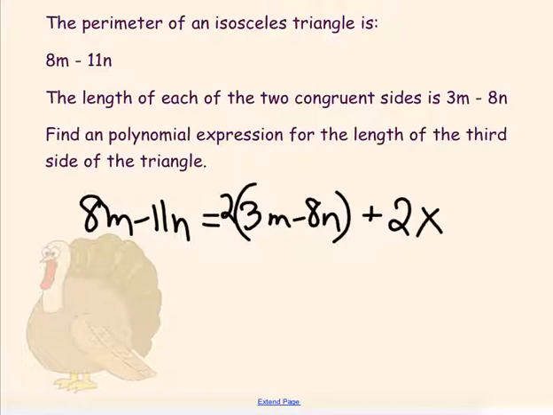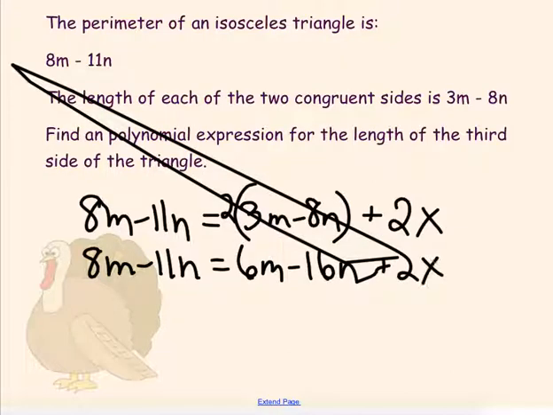And I'll work this one out actually and say we have 8m minus 11n is equal to 6m minus 16n plus 2x. And if I want to know what x is, or sorry, this is a triangle, so we have just one of these x's. We don't have two of them, just one.